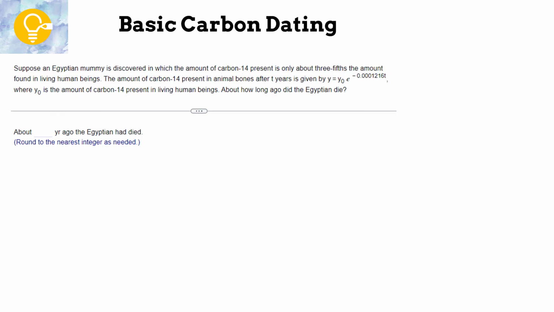Let's read this one, and then you're going to work it by yourself. Suppose an Egyptian mummy is discovered in which the amount of carbon-14 present is only about 3/5 the amount found in living human beings. The amount of carbon-14 present in animal bones after t years is given by y equals y naught e to the negative 0.0001216t, where y naught is the amount of carbon-14 present in living human beings.